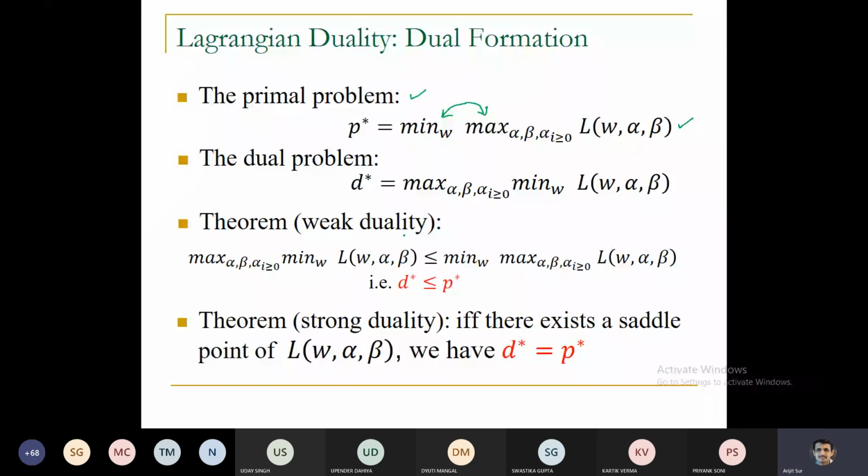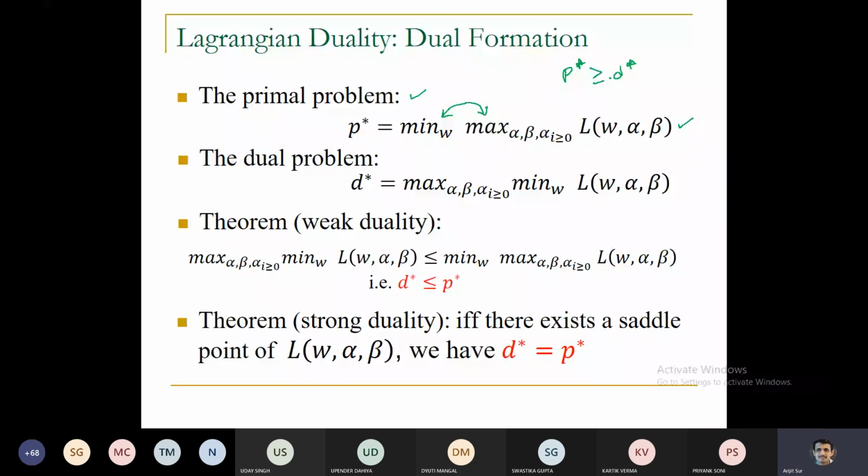It says that p star is in general greater than or equal to d star.